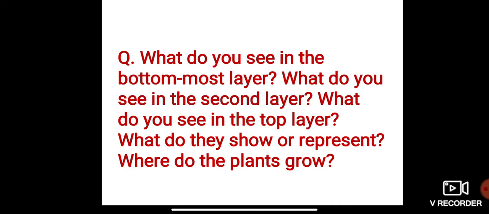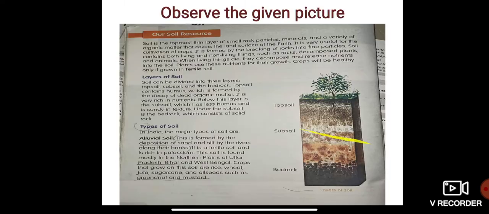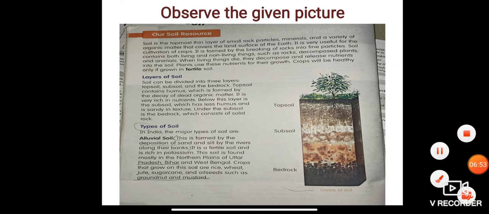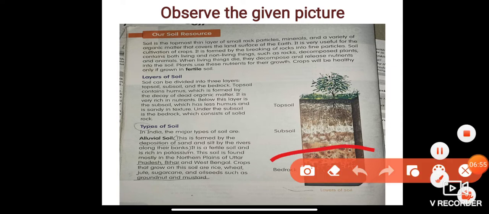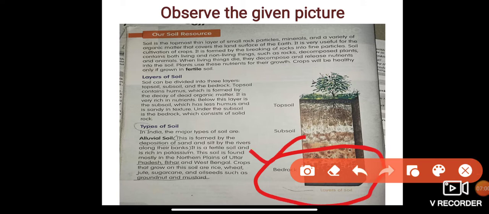You will see from here that there are stones in the bottom layer to represent bedrock.